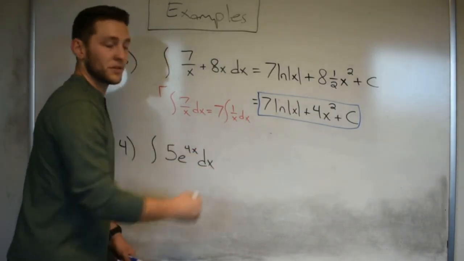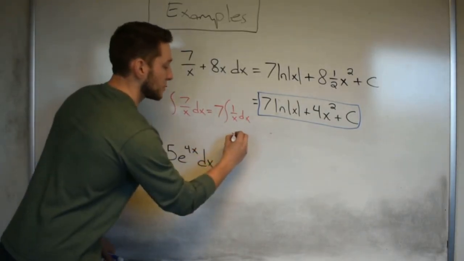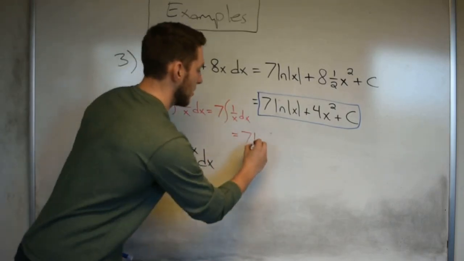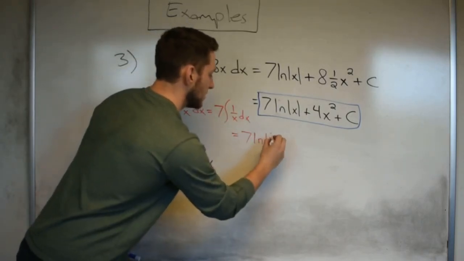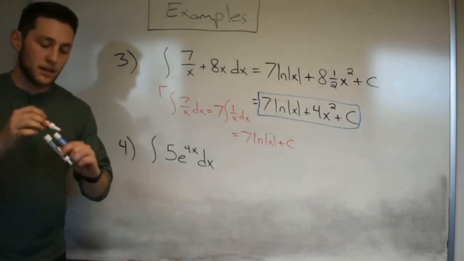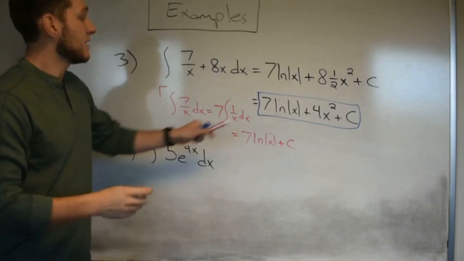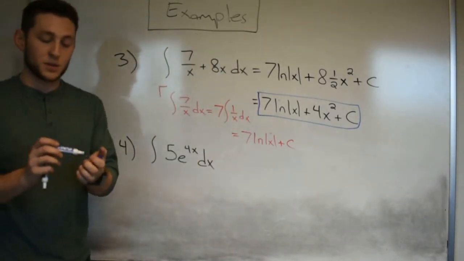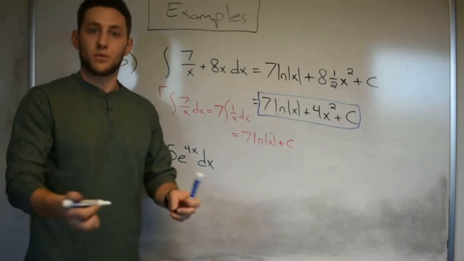Now when I derive 1 over x dx, I end up with natural log of x, but I always had that 7 out front to begin with. So we'd have 7 natural log of x and then plus c. So that's the reasoning there as to why we get 7 natural log of x. Don't want anybody to be confused on that guy. It's really, natural log is actually one of the nicest rules once we get used to it.